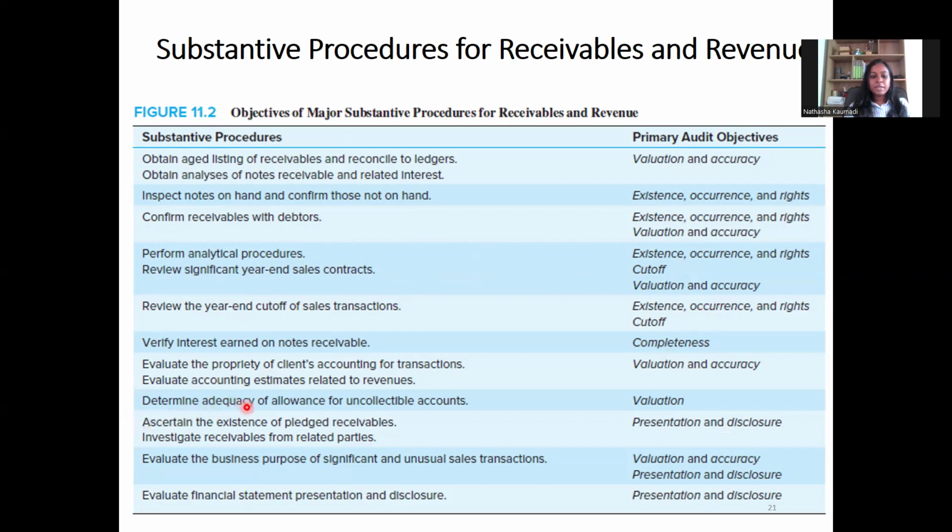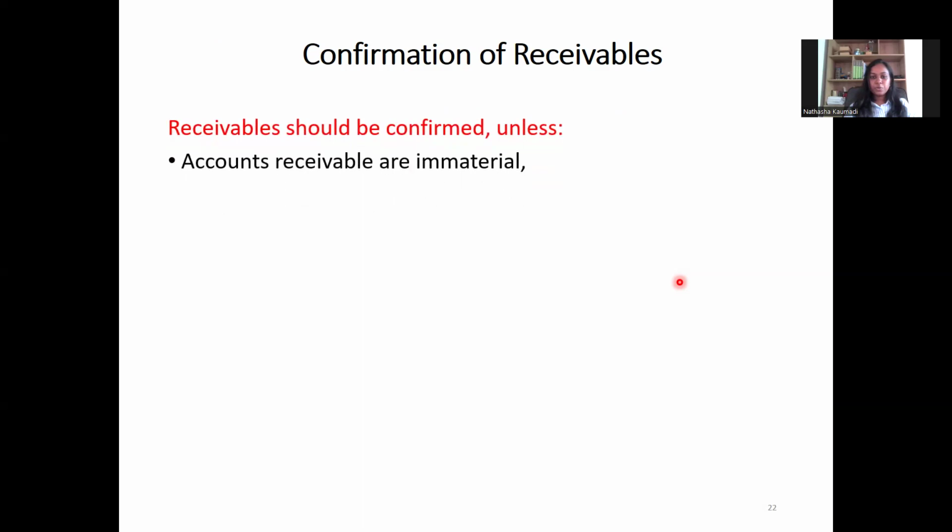Determine adequacy of allowance for uncollectible accounts. That means maybe you are checking the impairment or doubtful debts allowance valuation. Directly the valuation assertion. Likewise, you have these objectives. Objectives mean the audit assertions. Here, another important thing you need to know.